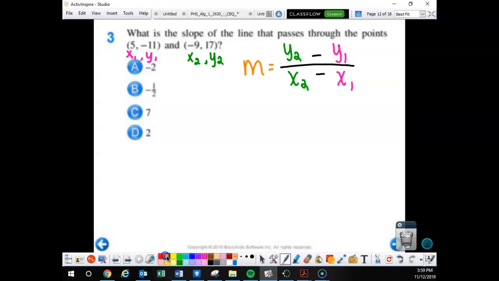So that is m equals 17 minus negative 11 over negative 9 minus 5. These two negatives turn into a positive, so it's 17 plus 11 divided by negative 9 minus 5. So go ahead and figure that out and choose your answer, and let's go on to the next one.